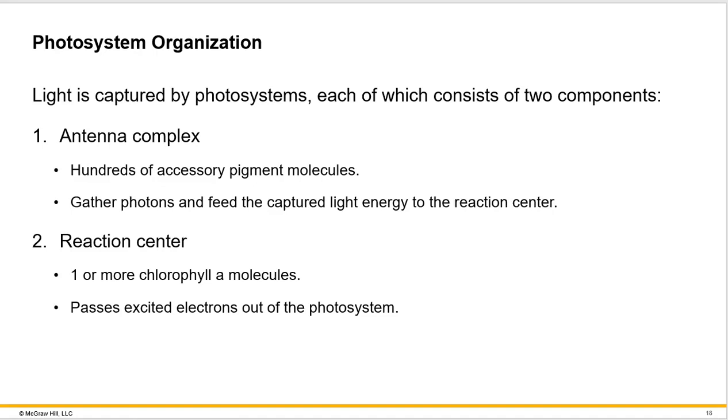Light is captured by photosystems, each of which consists of two components. The antenna complex, so that you can gather enough photons and feed that light energy to the reaction center, right? Which is the other part. And the reaction center is one or more chlorophyll molecules, and it passes excited electrons out of the photosystem.